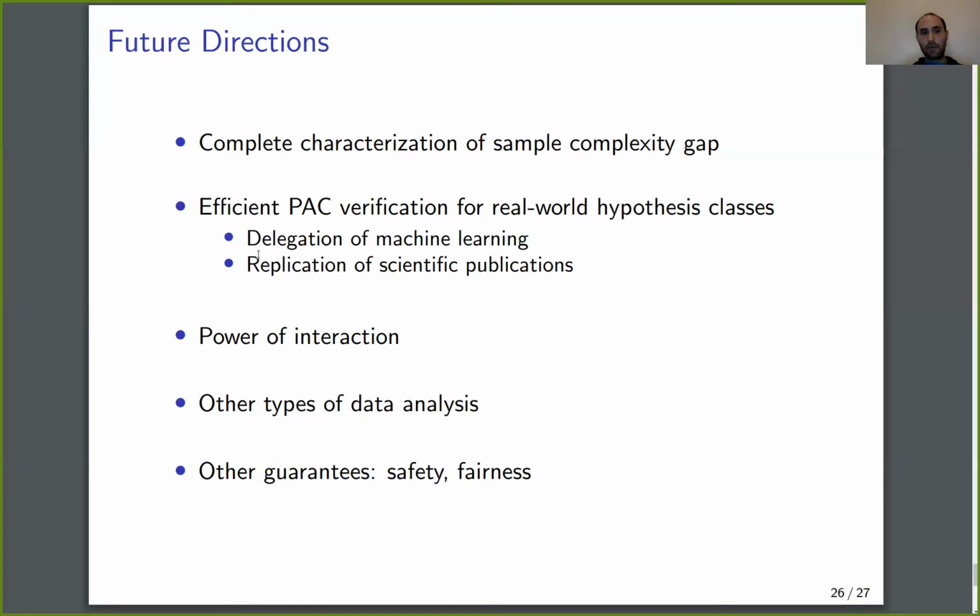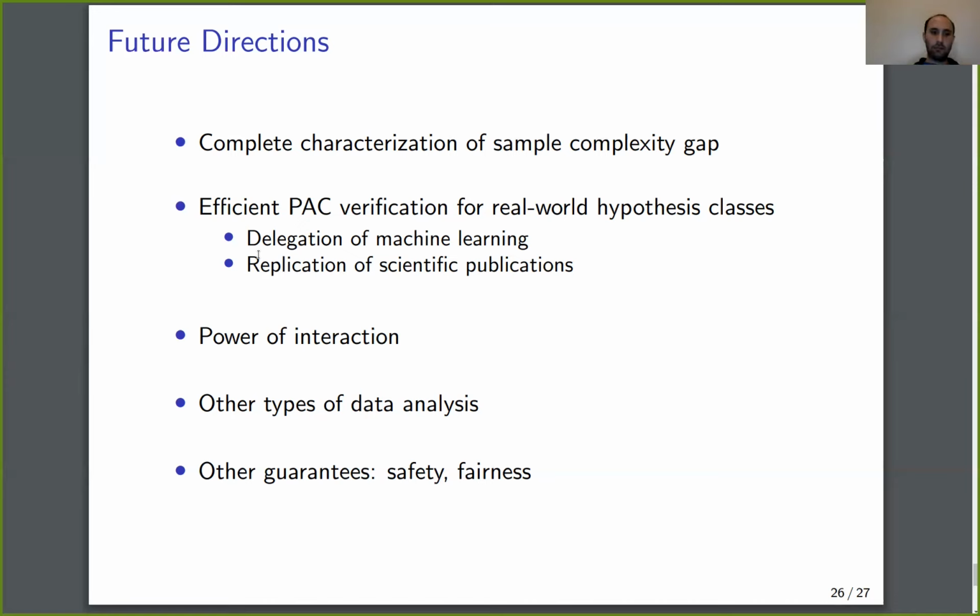Another thing that would be interesting is to consider verification of other kinds of data analysis besides supervised machine learning. You could think about dimensionality reduction or clustering or all sorts of other tasks that are not supervised machine learning, and see if you could do verification for those tasks as well.